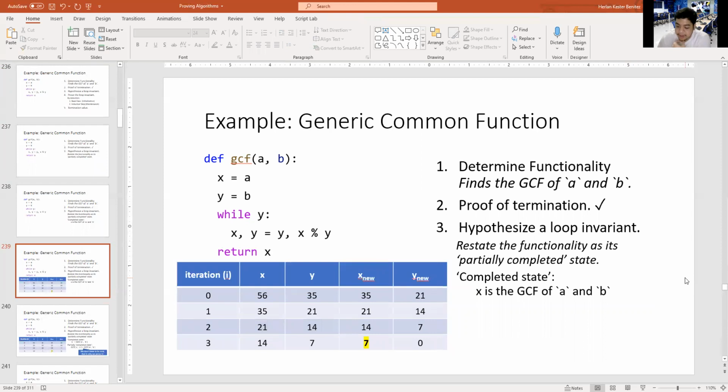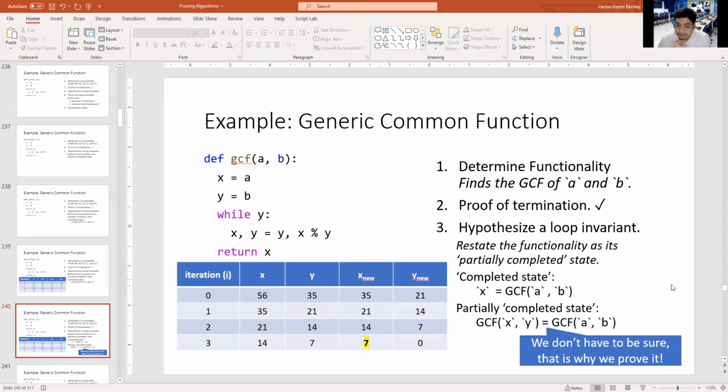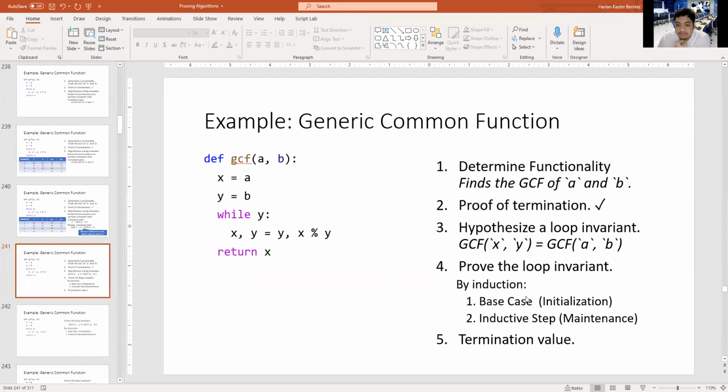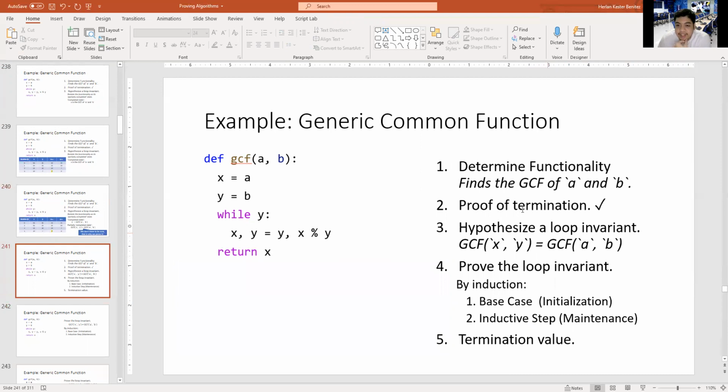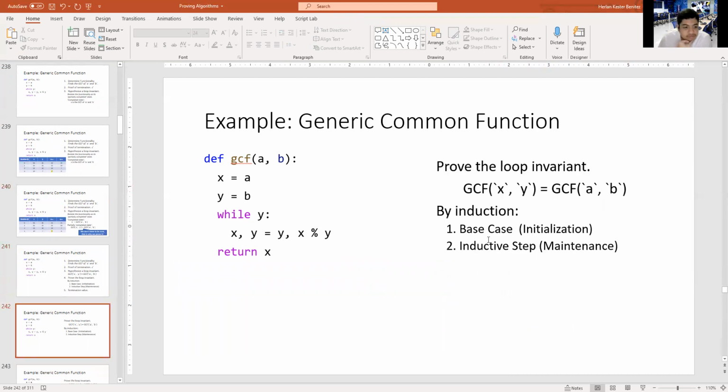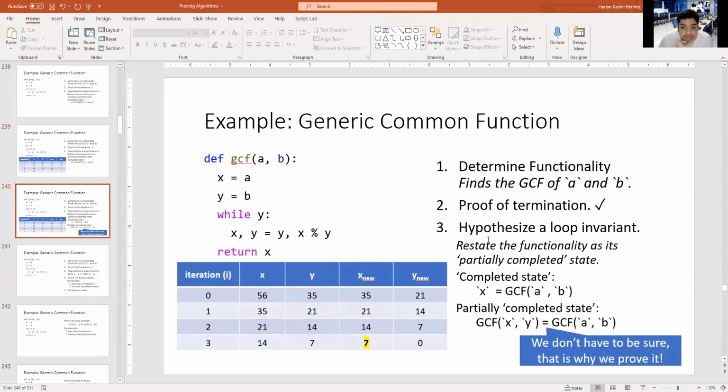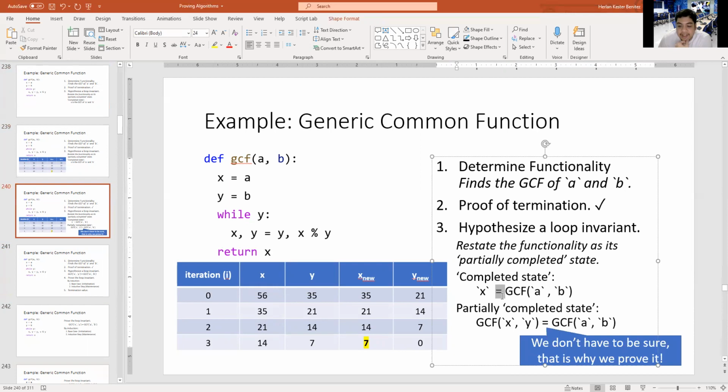So maybe yung partially completed state, ayan, ano ginawa ko dito? So instead of nire-state ko lang, ginawa ko lang equal sign, tapos ginawa ko lang shorthand yung GCF.